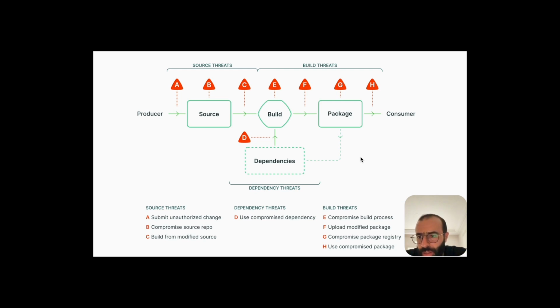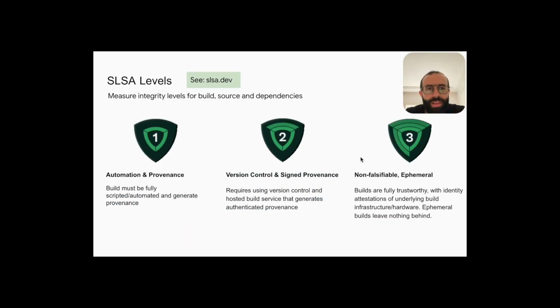The B is as well a source threat, which compromises the source repo, and so on and so forth. So these are the different attack vectors that we can find in our software supply chain. And then we will define levels in the next slide.